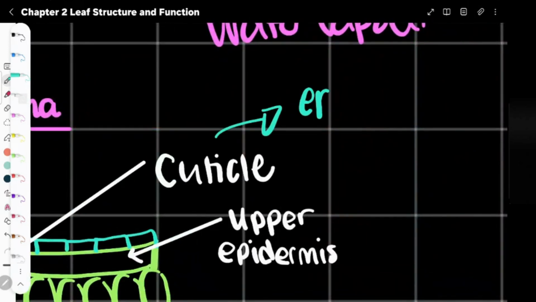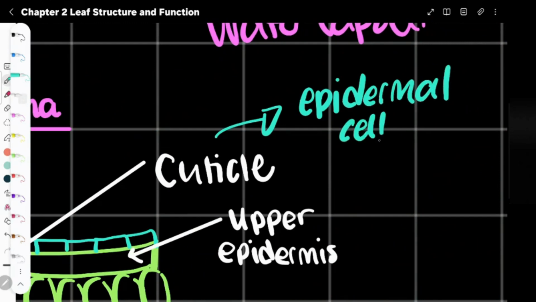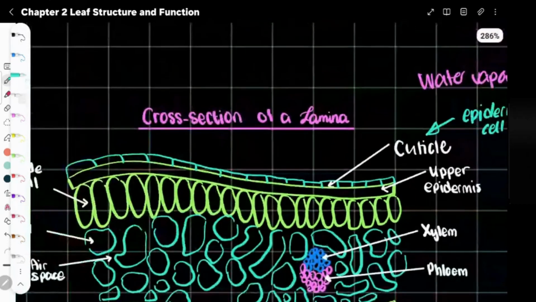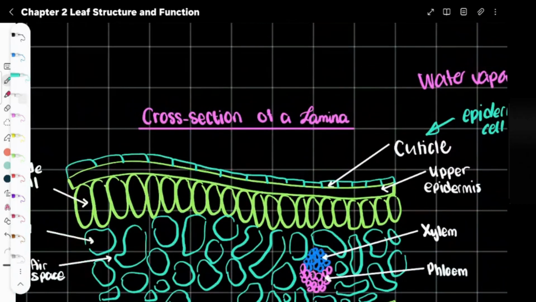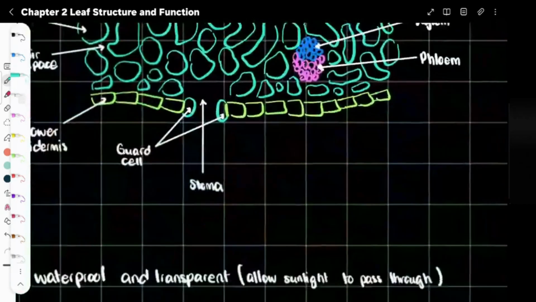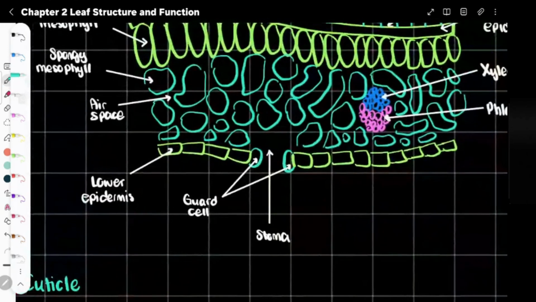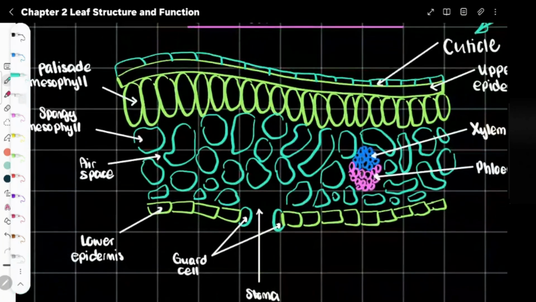After the epidermal cell differentiates, it becomes cuticle. And cuticle, the very top part, is very waxy, meaning very shiny. And if it's shiny, it is waterproof. Okay, waterproof.